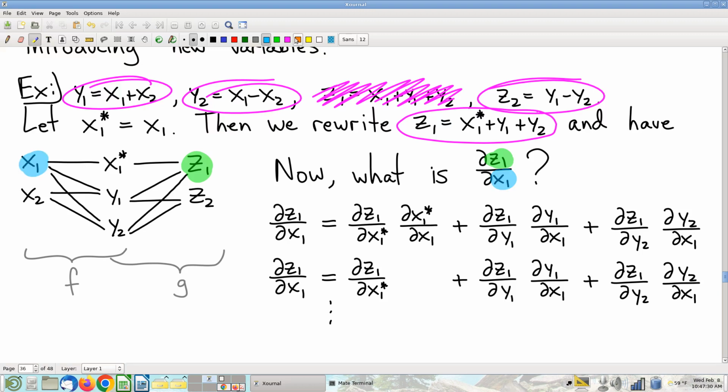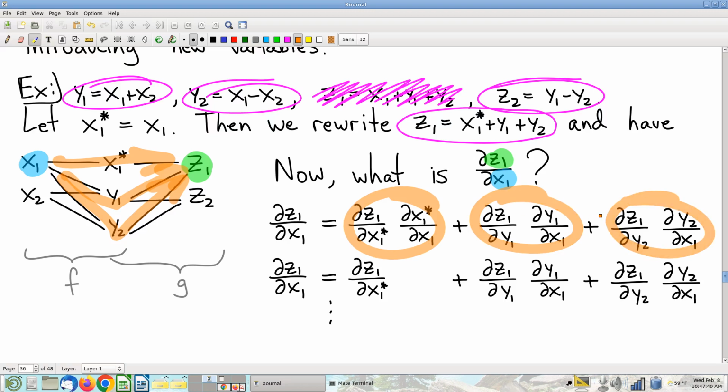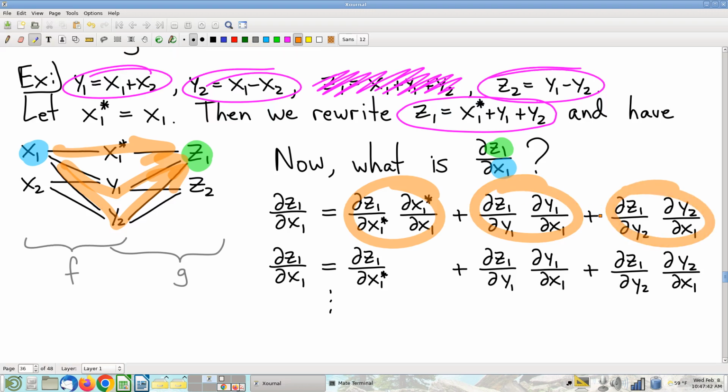There they are. And I've got three paths, three intermediate variables. That gives me three terms. We can notice that this function here is a really easy function. On purpose, deliberately, x1 star being just x1, this is just a 1 right there: partial of x1 star with respect to x1 is just 1.